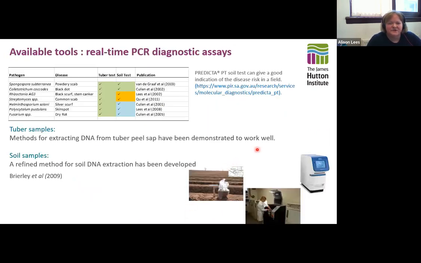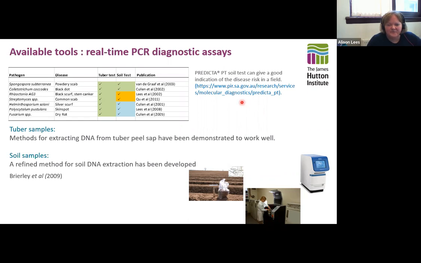I just wanted to mention here that in the next section of work that I'm going to talk about, quantitative real-time diagnostics have been used as a tool for investigating the epidemiology of the diseases, both in our work and that of others. These are now really quite old assays, but still effective, and many of the assays are published.